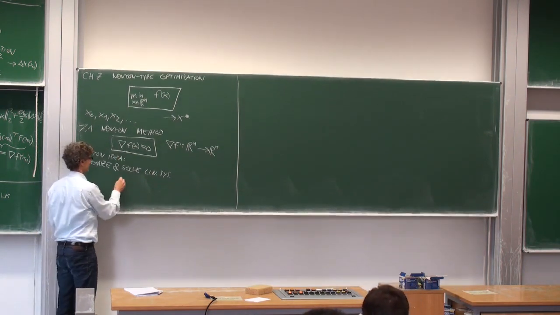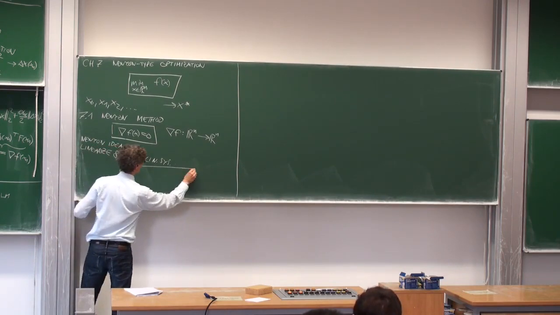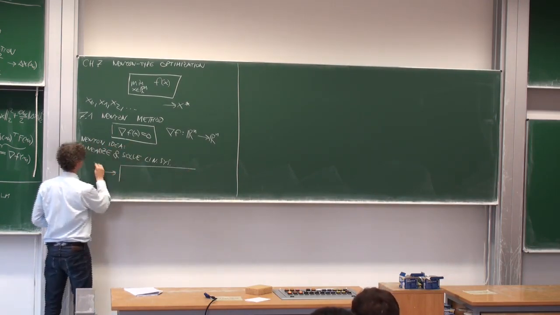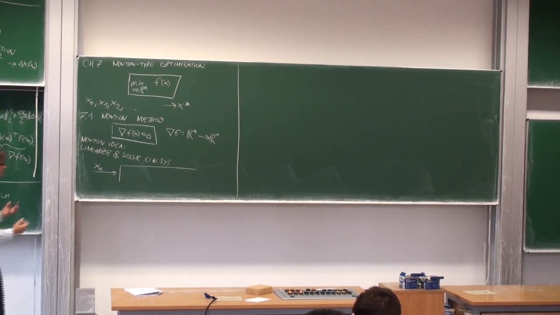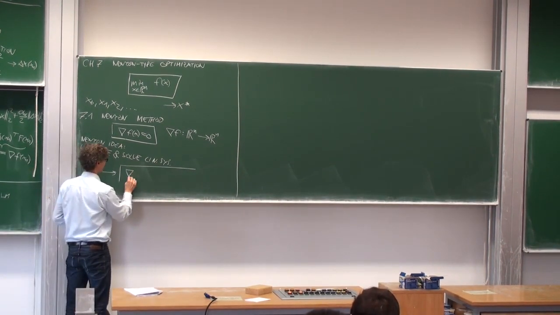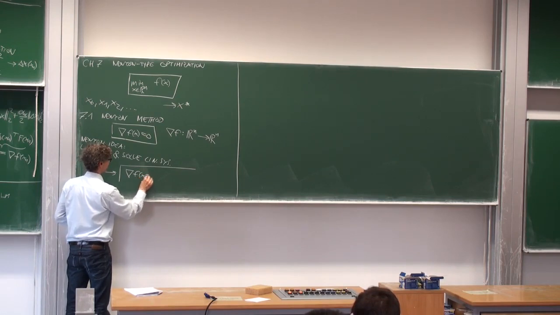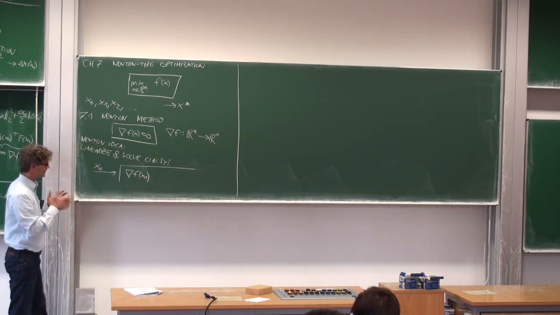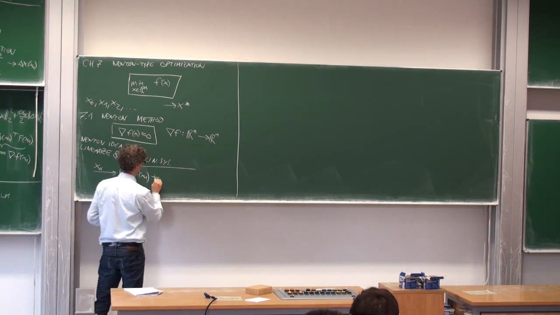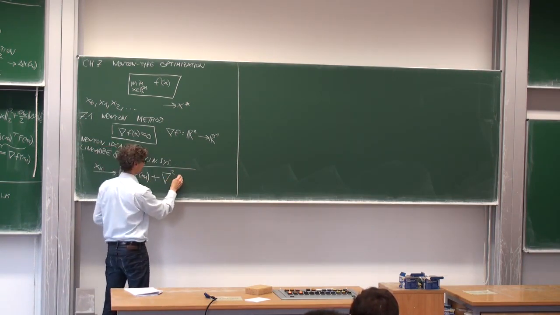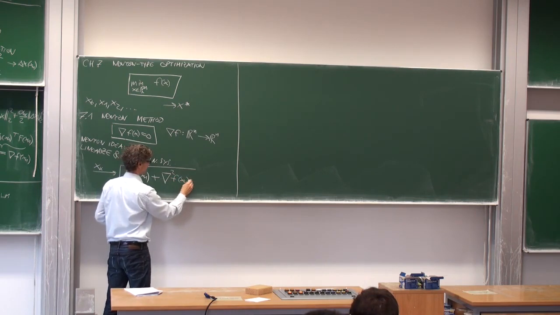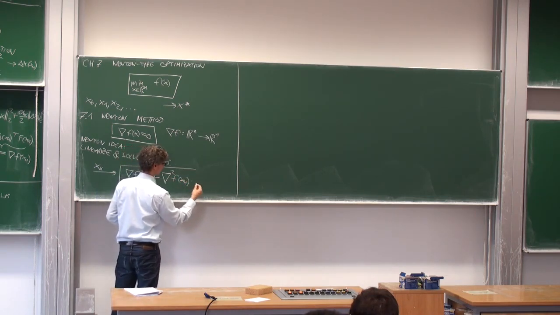So again, we need to think of what is the input for each step. Actually, we start with a current iterate xk. That's our linearization point, and at this point we make a Taylor series which just says we evaluate the gradient at this point. It's probably not 0 yet, but we make a model which is based on the next derivative of this function, which turns out to be, of course, the Hessian matrix of f times the step that we want to make.